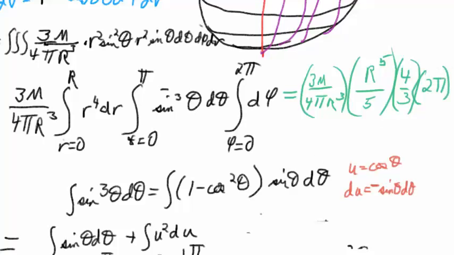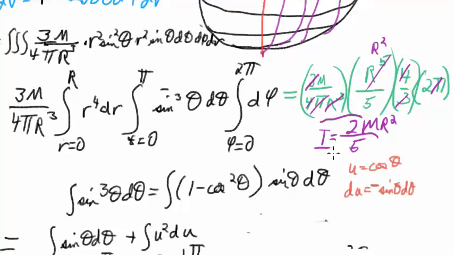We can cancel the r cubed with the r to the fifth to get r squared. We can cancel the 4 with the 4, and the 3 with the 3, and the pi with the pi, and we end up with 2/5 m r squared, which is the moment of inertia of a solid sphere.